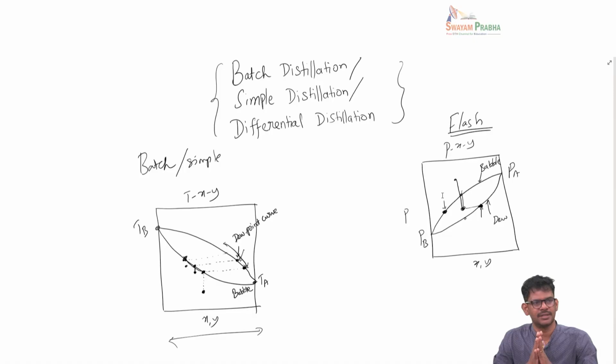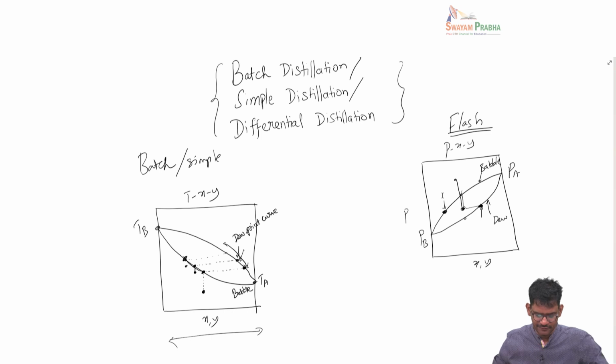Now if you can change the setup in such a way that the moment the vapor is formed, you are able to separate it out from the system, more and more vapor can form continuously. Then you can collect this continuous production of vapor together. This we call differential distillation or batch distillation.